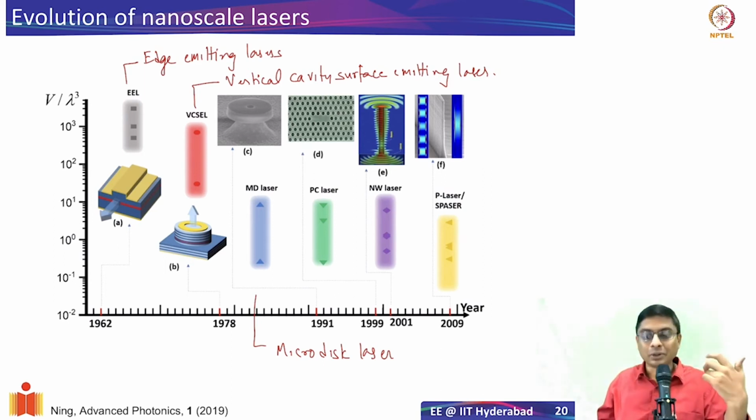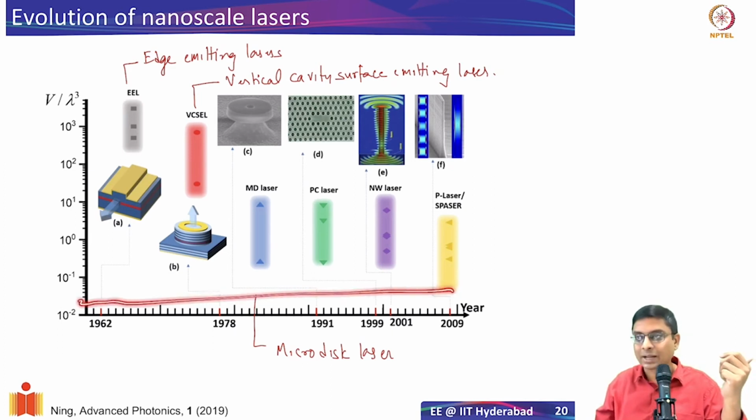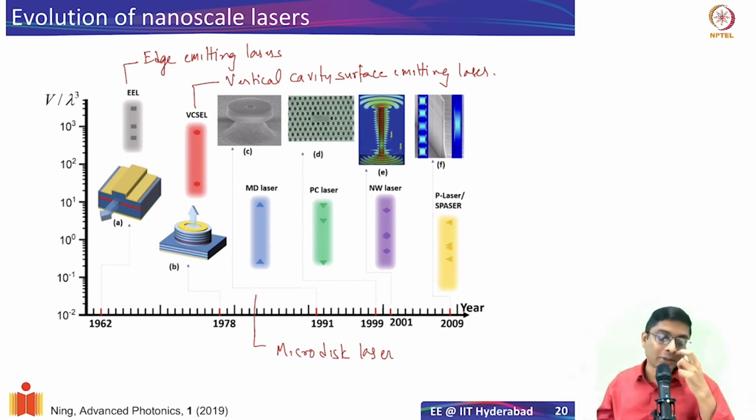And in principle, it looks possible that if you have a plasmonic laser, you can go to even smaller dimensions. And if you have a much smaller confinement of energy, definitely your lasing would be better. Right, the lasing threshold will be lower. So this was the overall picture of how the evolution of the lasers happened from the 1960s to 2009.